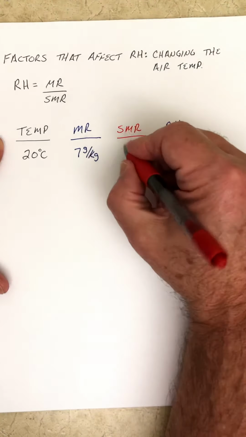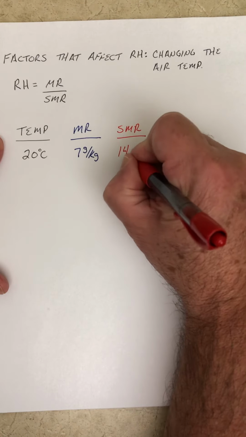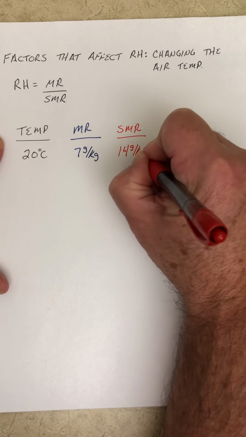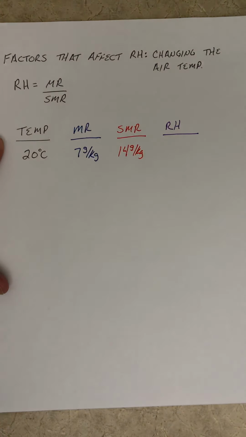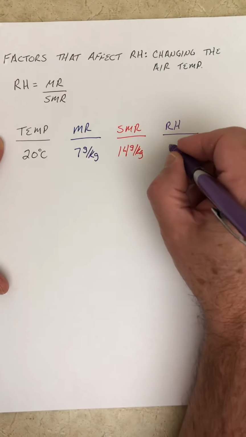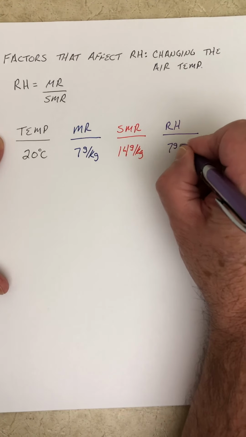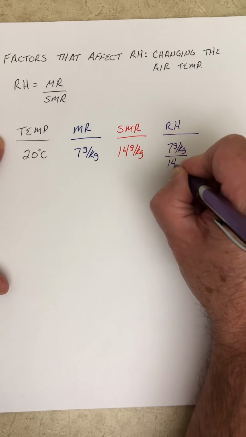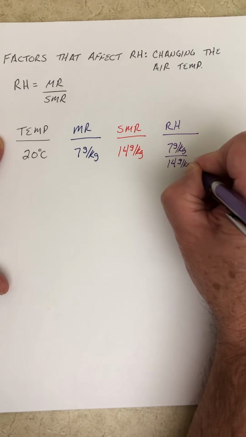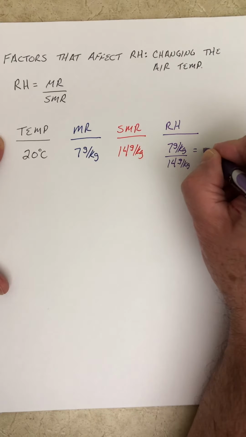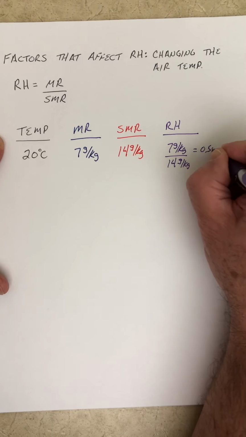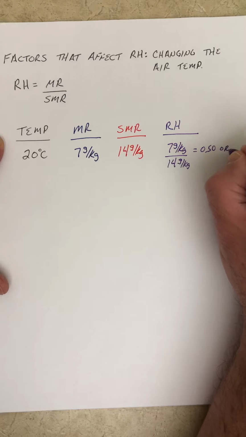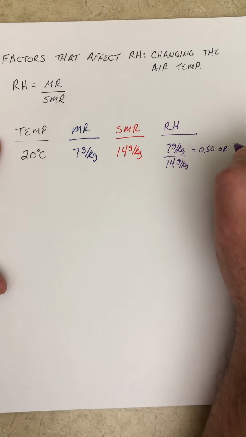Therefore our relative humidity is 7 grams per kilogram, the mixing ratio, divided by the saturation mixing ratio, 14 grams per kilogram, so this comes out to 0.50, or 50%.